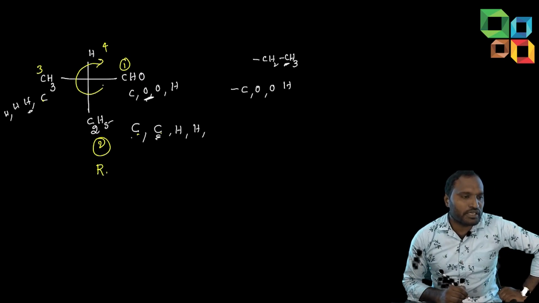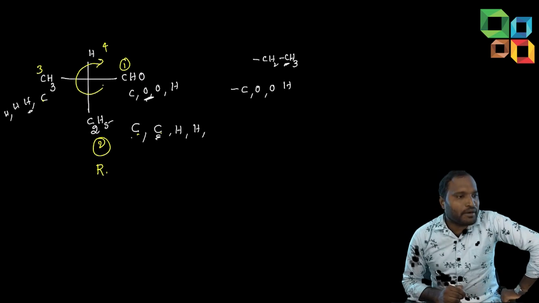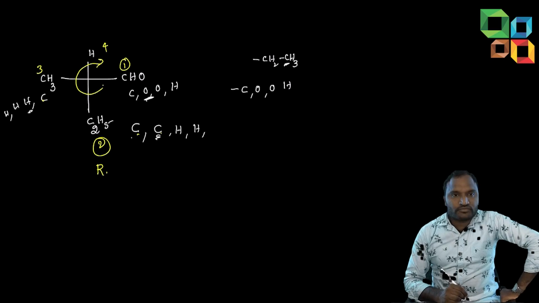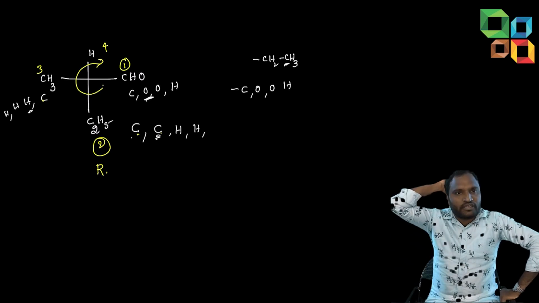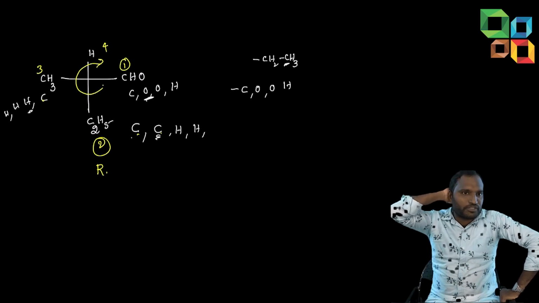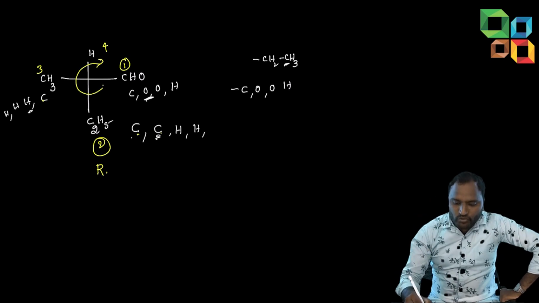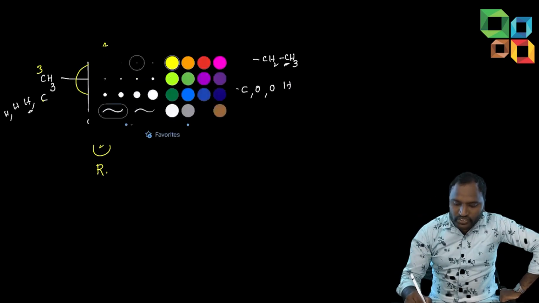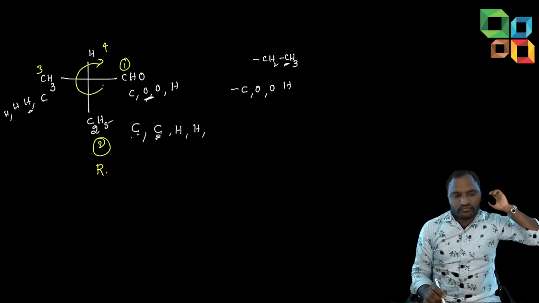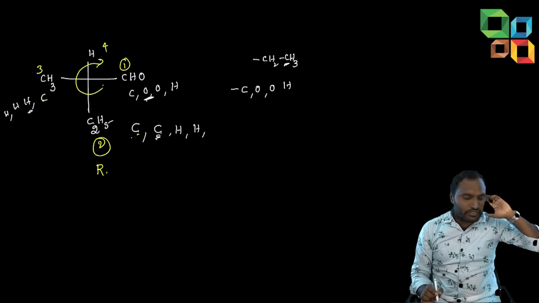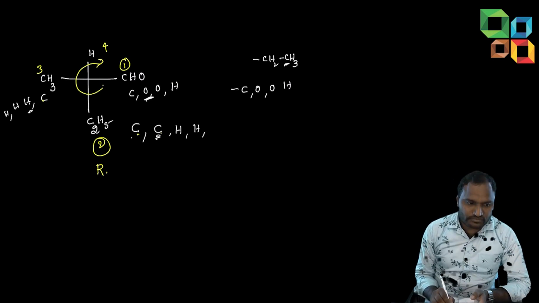Oh, sorry, I thought this compound was R configuration. Understood, students, how to analyze? Write separately until you get the proper perfection. Now I am going to do with 2 chiral centers. 1 or 2 examples I will take with 2 chiral centers.